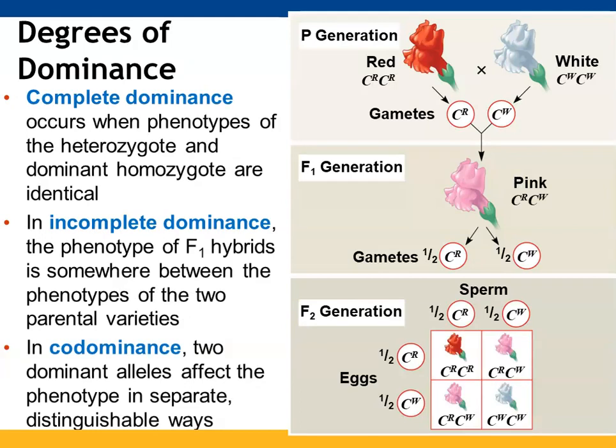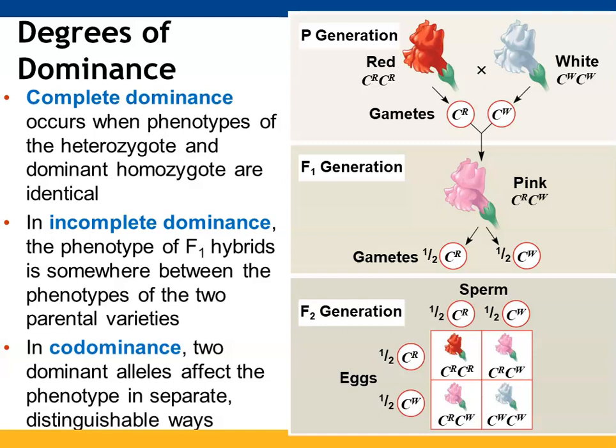So in terms of dominance, complete dominance is what Mendel's work showed, that the heterozygous form of that combination of alleles and the dominant homozygote were going to show the same exact phenotypic expression. When you have incomplete dominance, you have a blend, an intermediate between the dominant phenotype and the recessive phenotype.